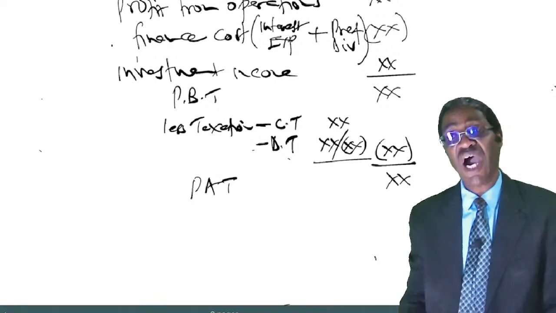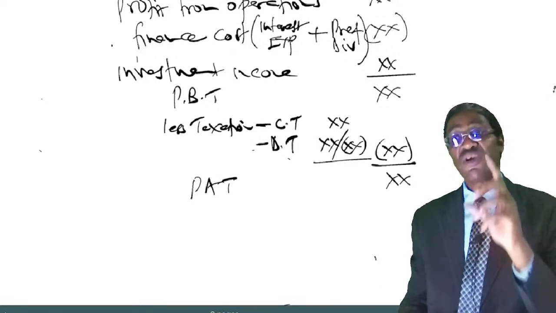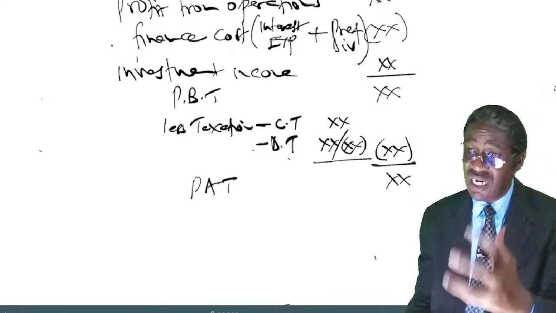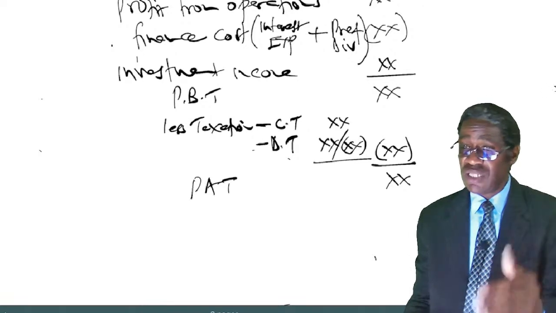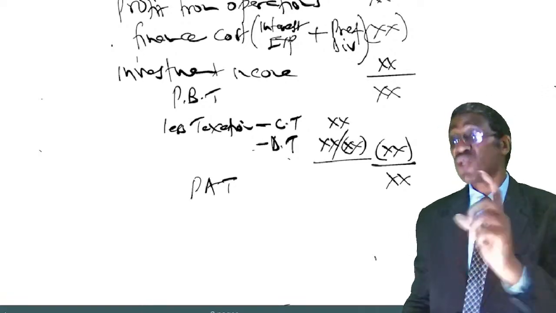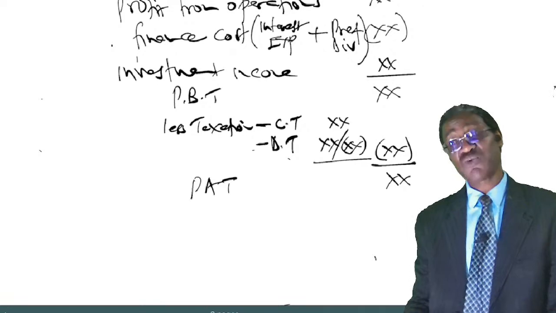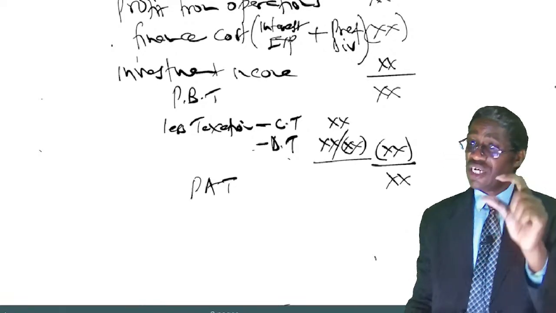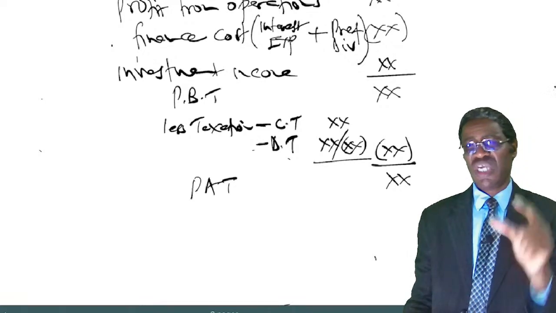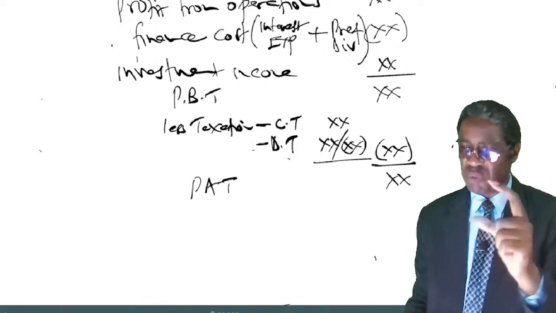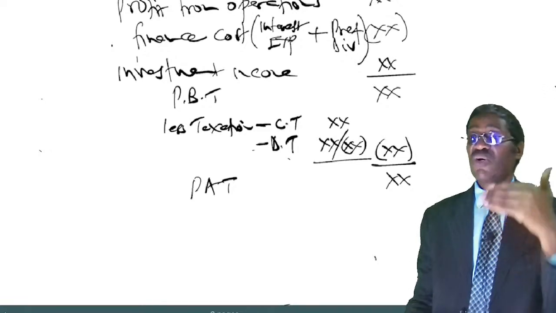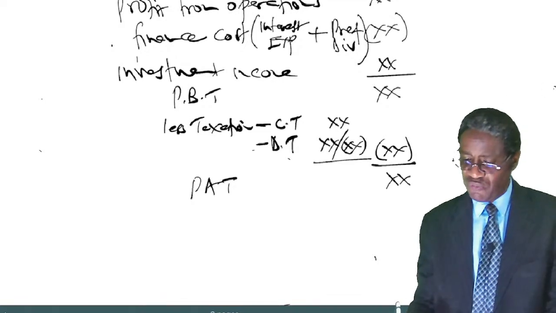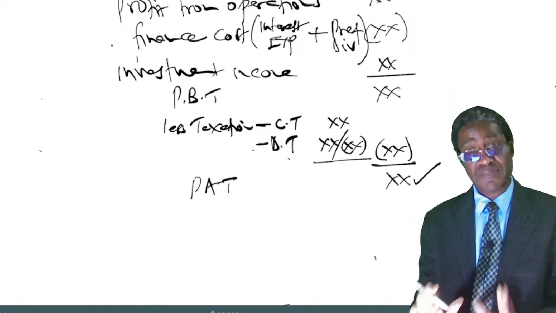All appropriations are done elsewhere, and that is in the statement of changes in equity, as we shall see later. Okay, so just know that when it comes to the income statement for publication purposes, or in other words, whenever you realize the question is the one for published accounts, once you get the profit after tax, you stop there.